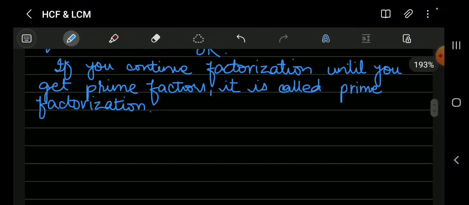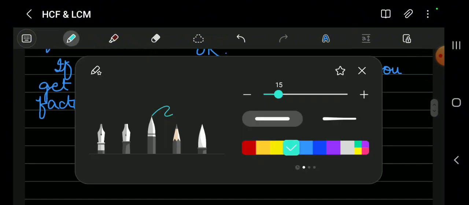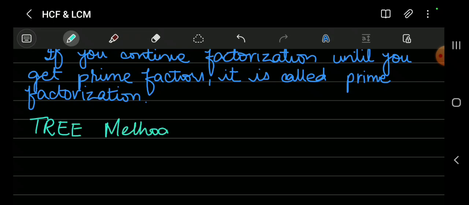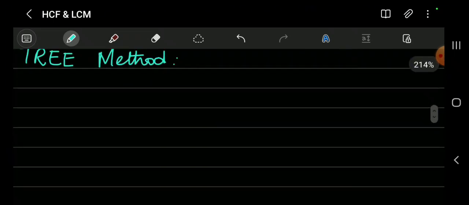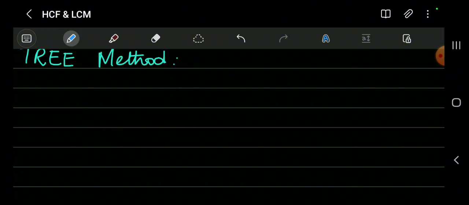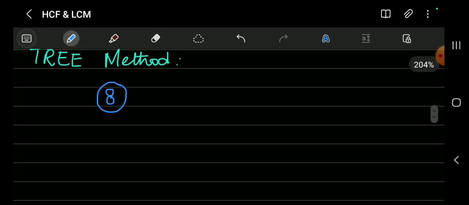Okay, now let's talk about the two processes. First we are going to discuss the tree method. For example, let's take 8 and 12 that we have discussed, and later on we'll talk about some higher numbers.